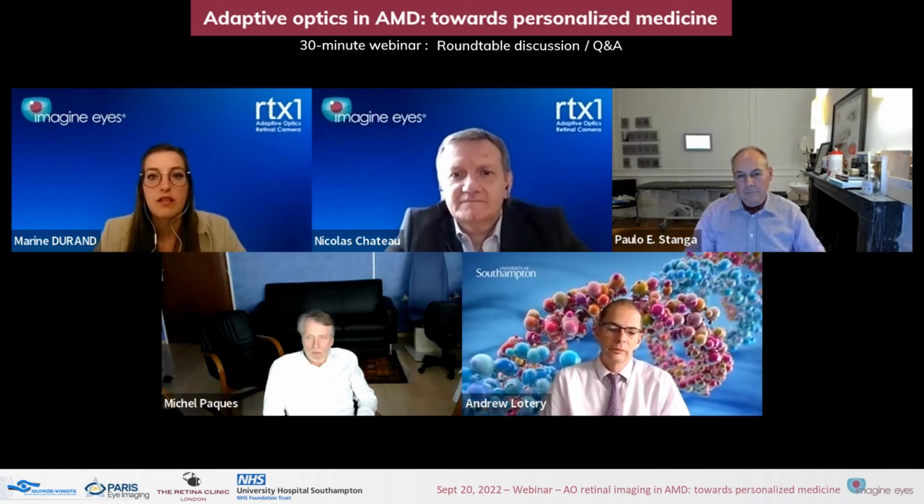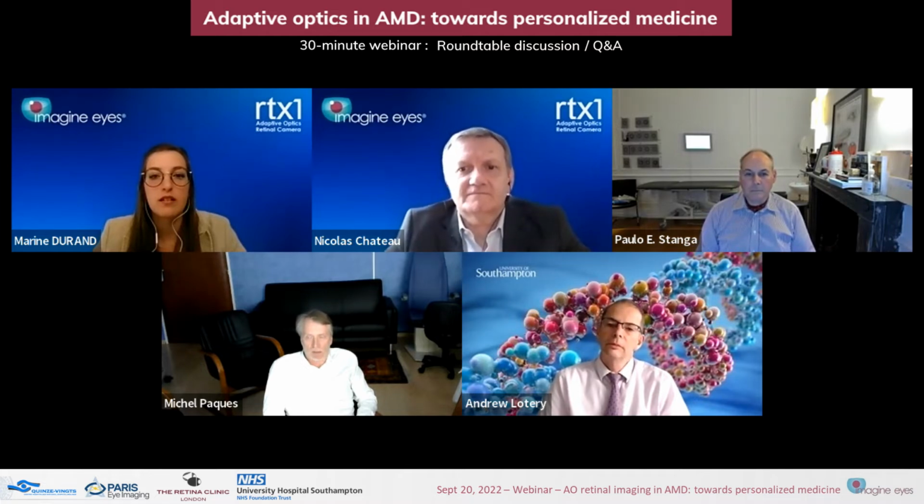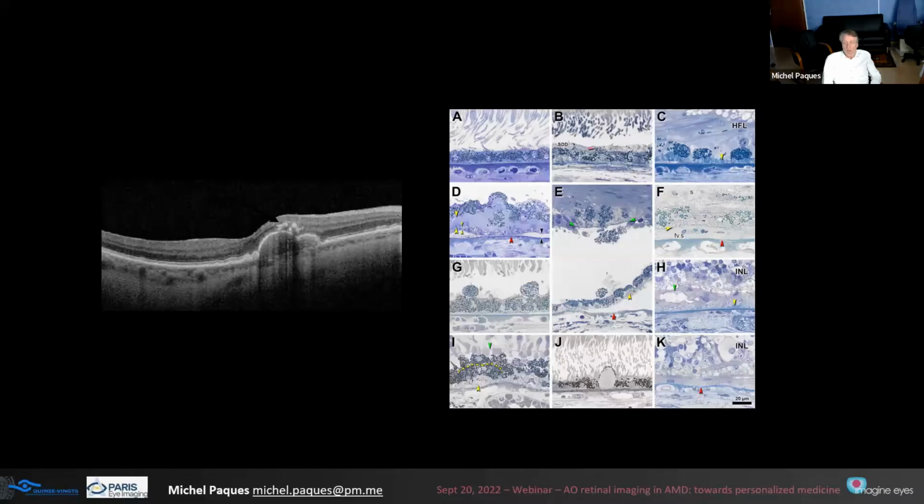Well, the question was to try to understand what's actually happening in this complex tissue remodeling, such as seen in geographic atrophy. In recent years, work in histology in particular has been identifying the various phenotypes of cells involved in macular degeneration seen in AMD.